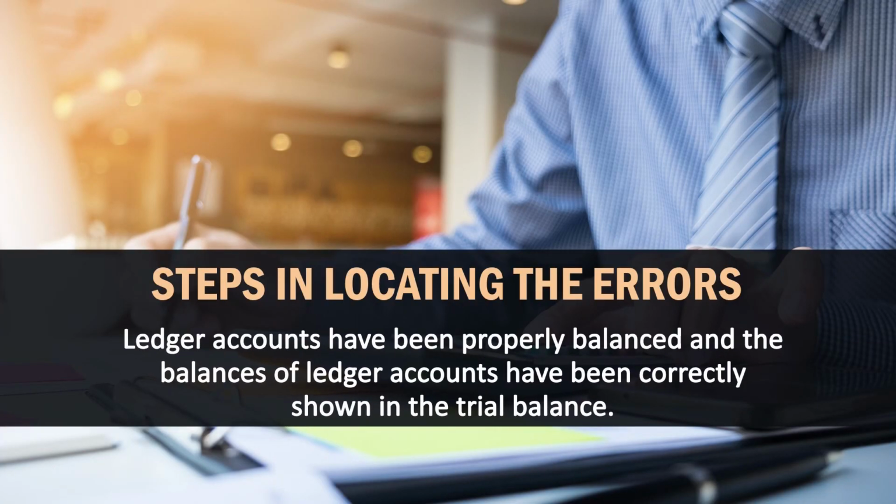Third one is ledger accounts have been properly balanced and the balance of ledger accounts have been correctly shown in the trial balance. So, we must also ensure that the ledger accounts must have been properly balanced and these proper balances must have been correctly debited or credited in the trial balance. So, this we must also ensure.